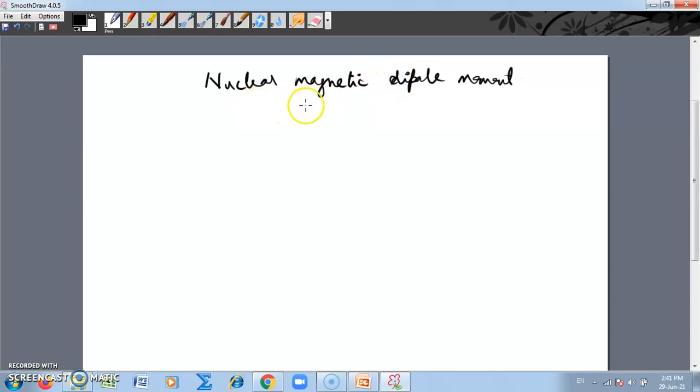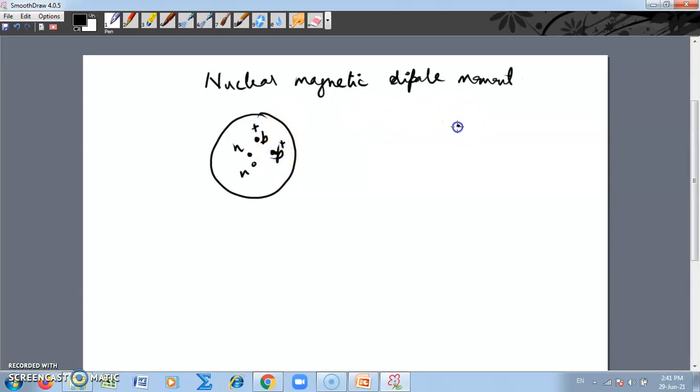So now talking about the nuclear dipole moment, we know that a nucleus consists of protons and neutrons. Of these, protons are positively charged particles, and we already know that these particles spin about their own axis.